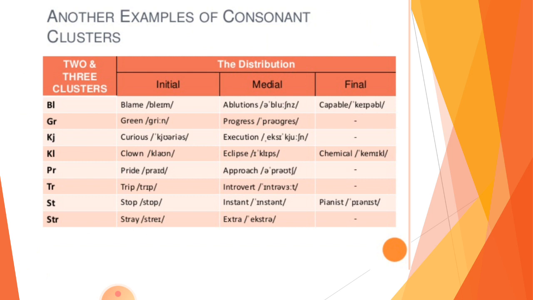In initial position, in the last one, stray, three consonants occur together, and in the first, blame, two consonants occur together. These are initial consonant clusters. Now we will see medial consonant clusters.